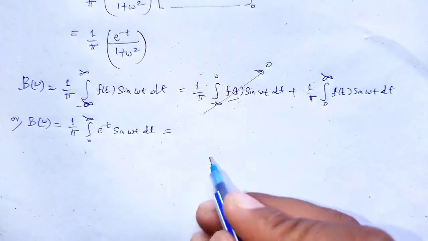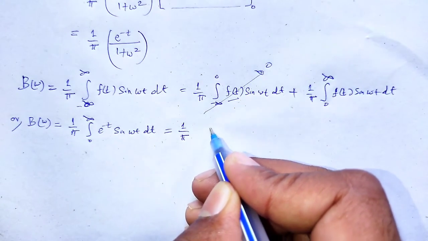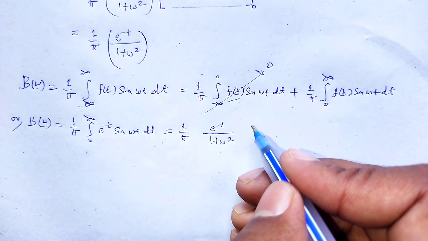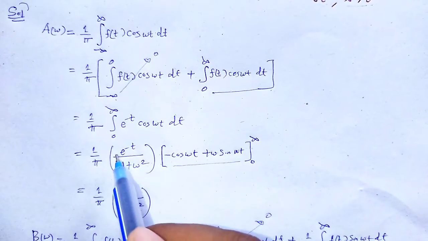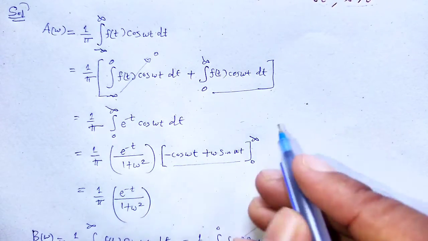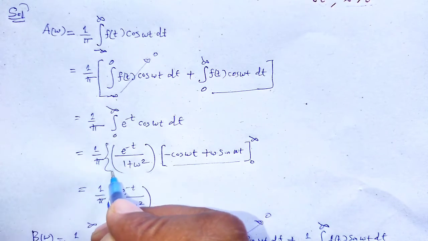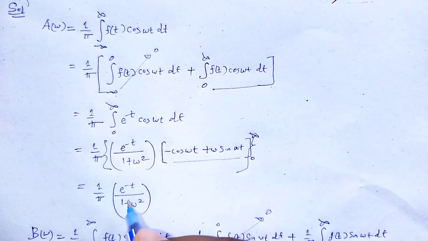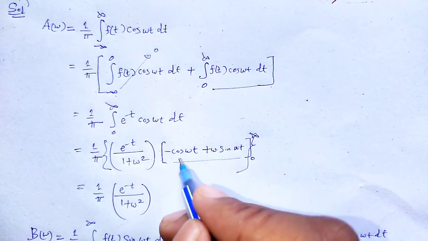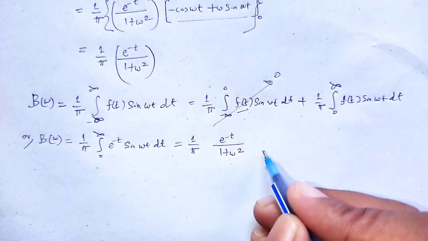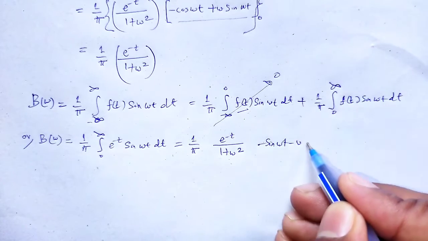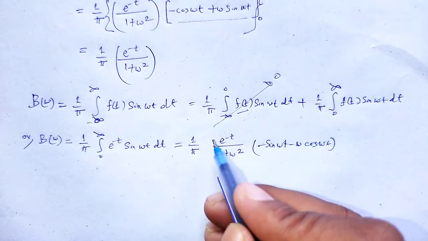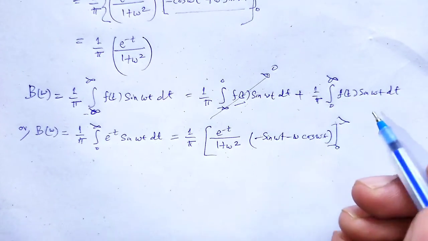The integral is evaluated as 1 by pi, e to the power minus t divided by 1 plus omega square, times minus sin omega t minus omega cos omega t, with limits from 0 to infinity.